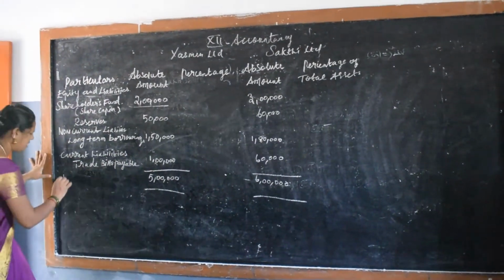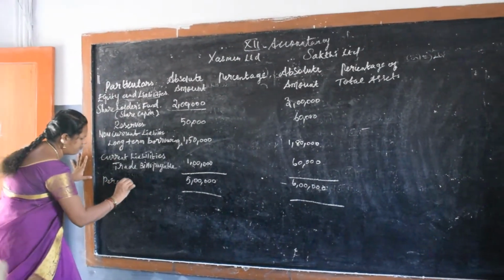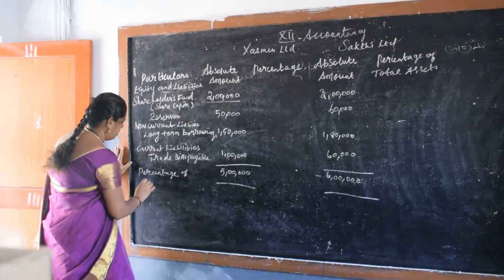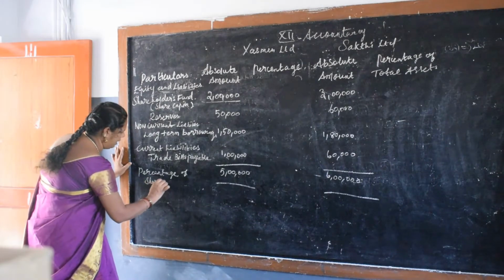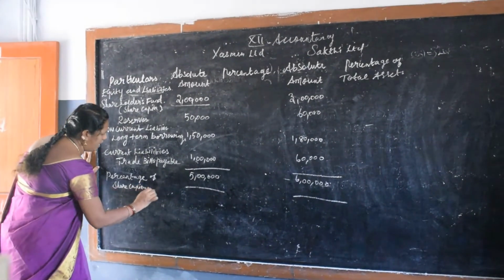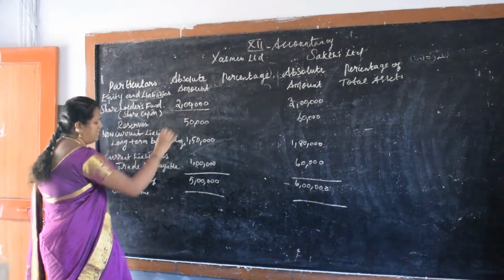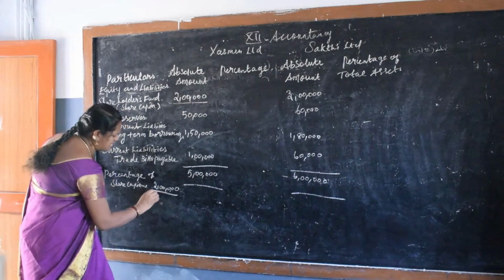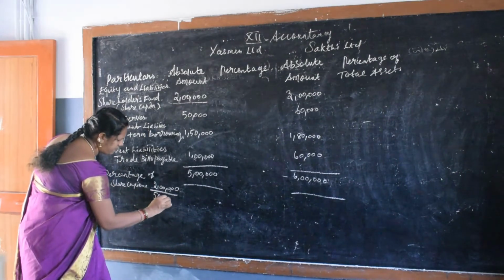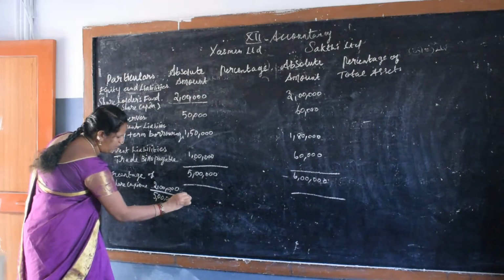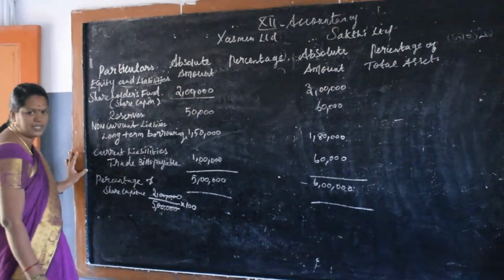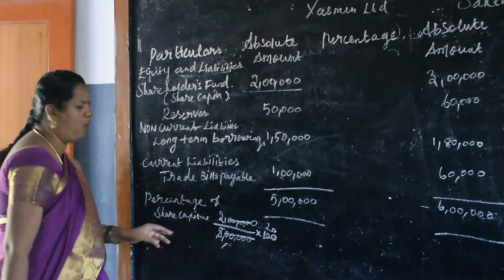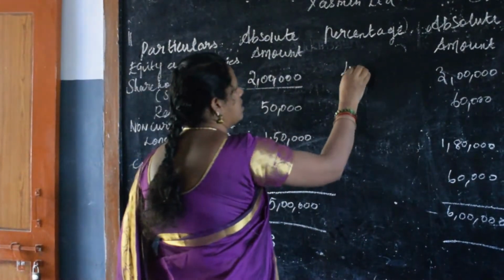Listen here, percentage of shareholders' share capital. I've told you the numerator is 2 lakh, the common size is 5 lakh, into 100. Five zeros cancel. 1 times, and here 20 times. 2 twos are 4, so 40 percent.